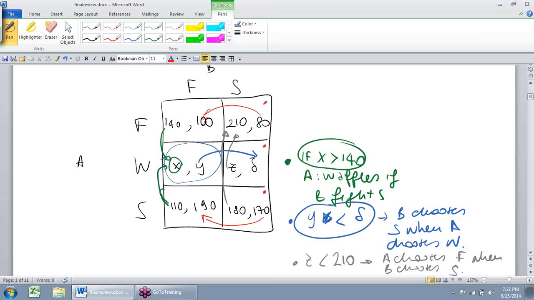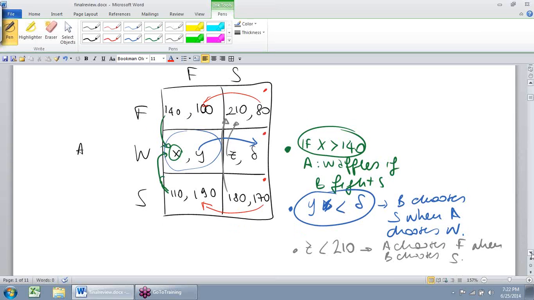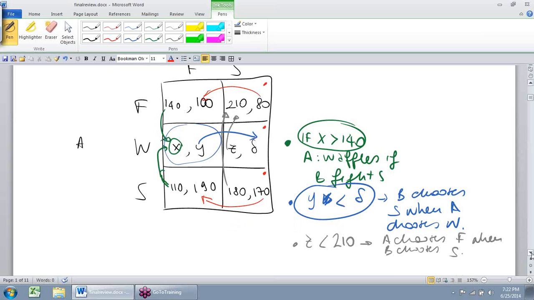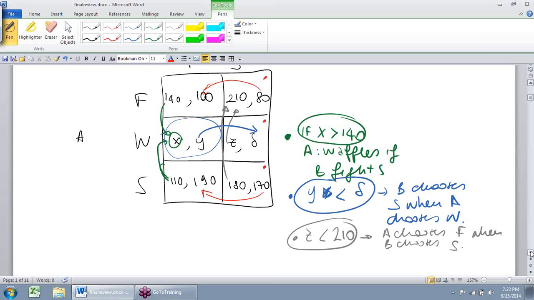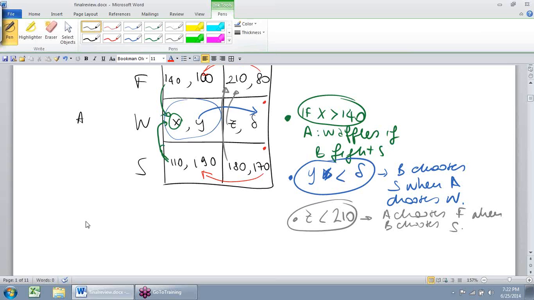Because if Z is greater than 210, this means that A would prefer waffle over fight and over share, right? So we would have an arrow going into the box. Okay, great. So these three conditions are fundamental: if these conditions are realized, then we do not have a Nash equilibrium in the game. So again, the three conditions.